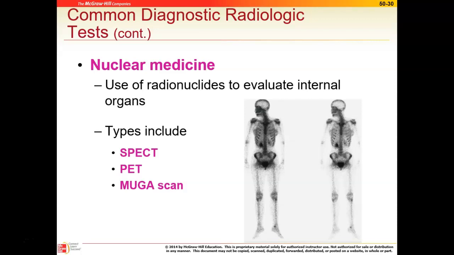And so the SPECT actually checks for damage from a stroke. So if somebody's had a CVA or aneurysm or some sort of stroke, that would elucidate an area. A PET scan is positron emission tomography. And there's a number of things that you can actually detect with that.